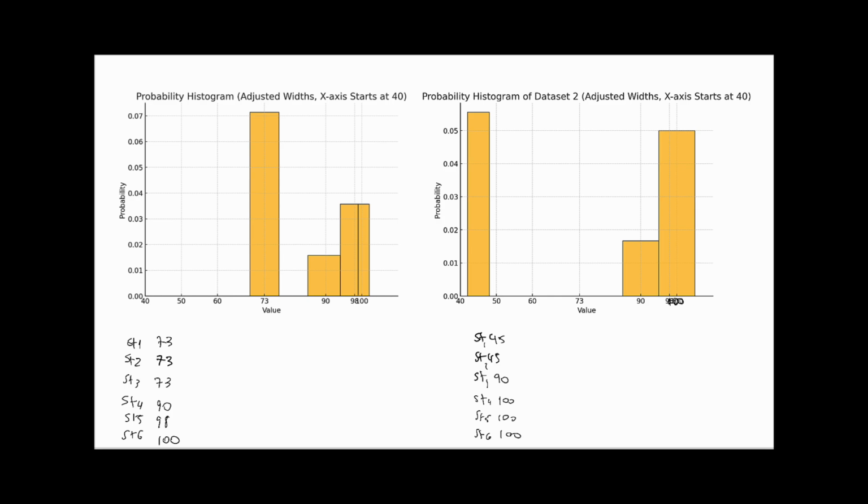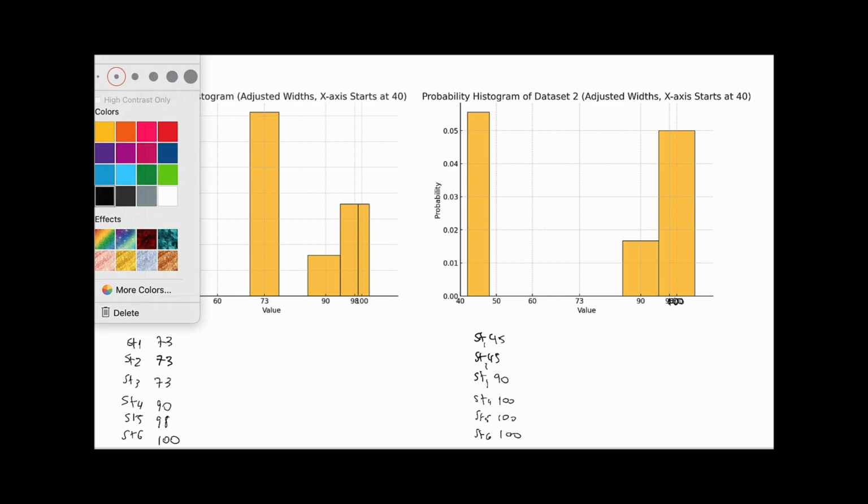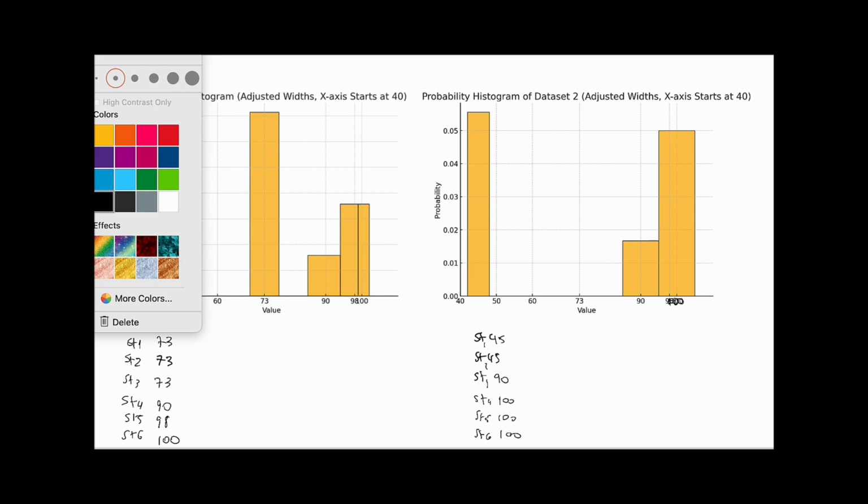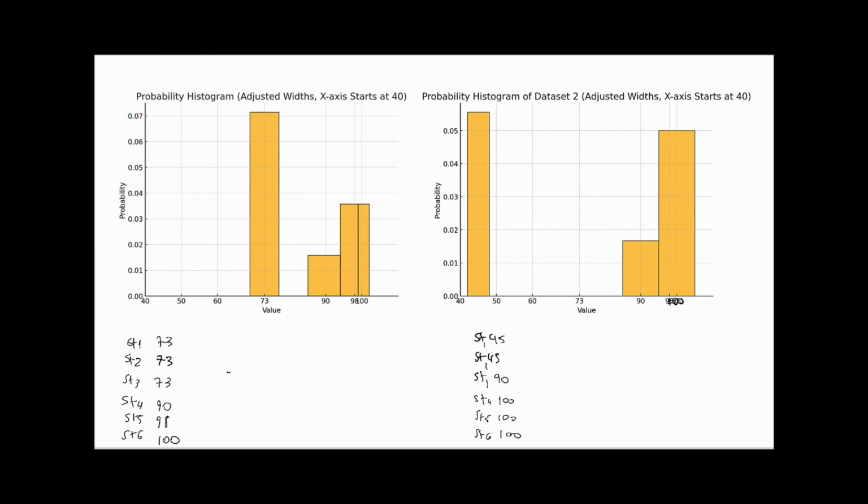So look at this. I plotted histograms for you. Remember, the histogram shows you the value. For example number 1, I have a histogram where my value can be 73, 90, 98, 100. You have the bins centered there. This 98 is a little bit not centered, my bad.